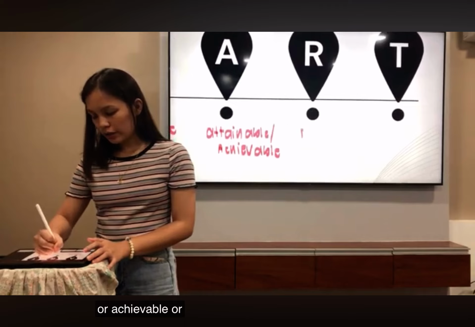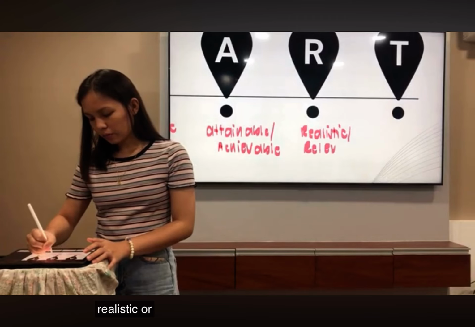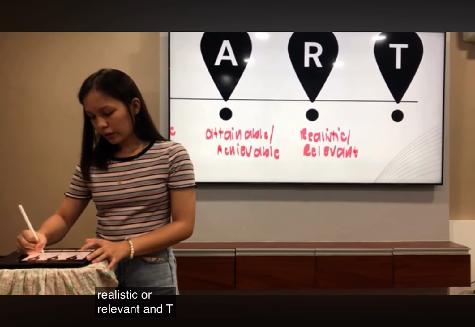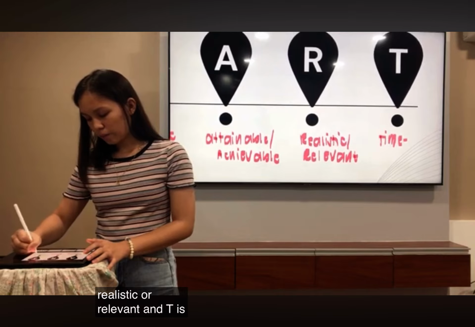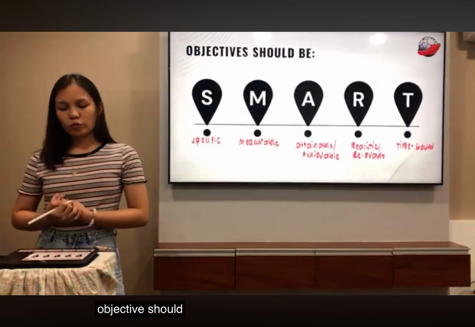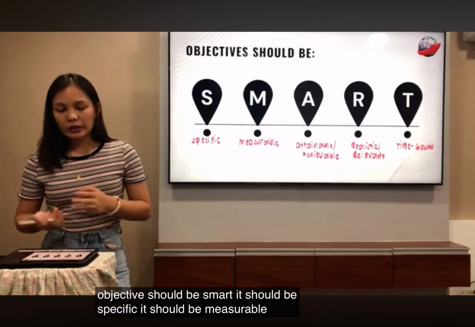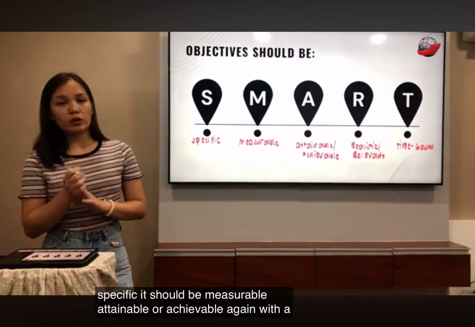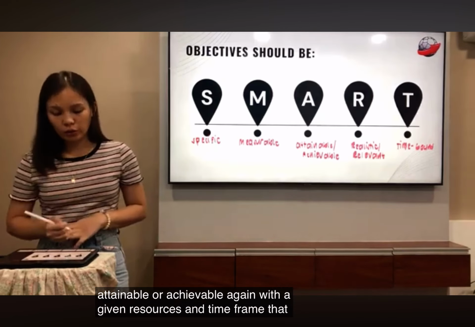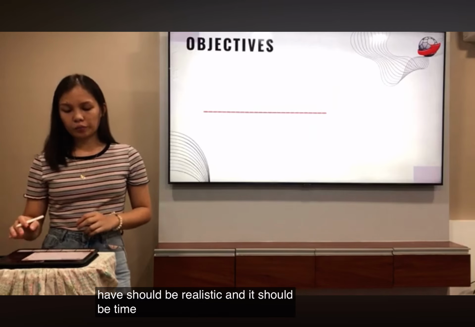R is realistic, or relevant, and T is time bound. Okay, objectives should be SMART: they should be specific, measurable, attainable or achievable, again with the given resources and time frame that you have. They should be realistic and they should be time-bound.